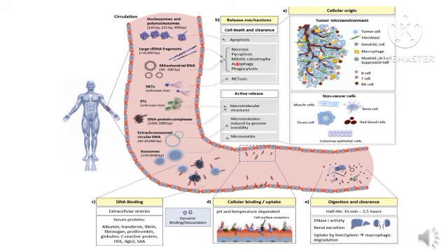So now we know the various release mechanisms. Then comes DNA binding. So if the cell-free DNA is free in the circulation, plasma nucleases act on the cell-free DNA and try to degrade it.